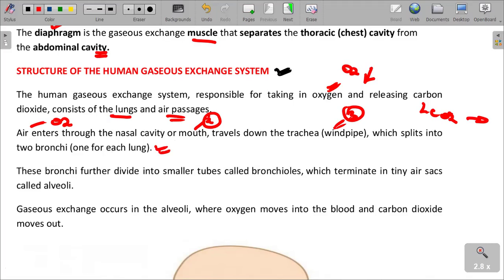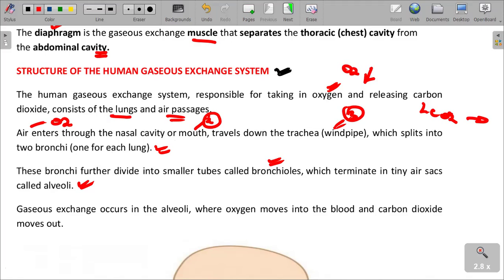These bronchi further divide into smaller tubes called the bronchioles, which terminate in tiny air sacs called the alveoli.